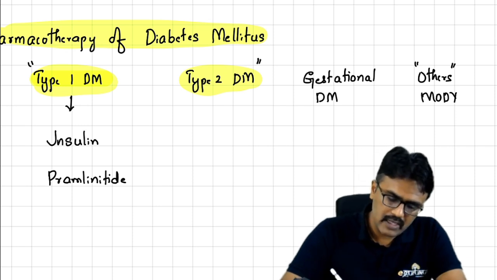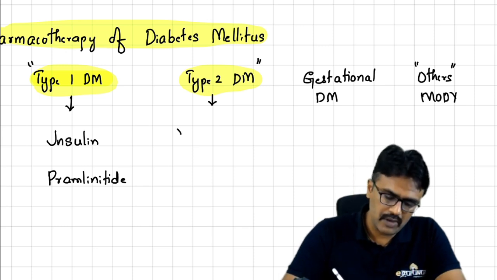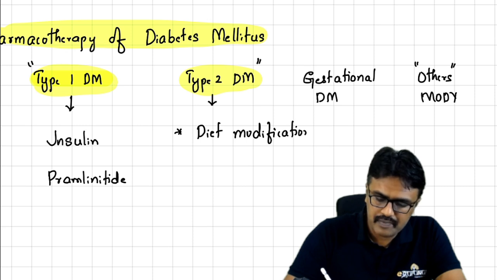But when you are managing a type 2 diabetic patient, they still have some insulin, and this insulin is not working properly. So first, we tell them to modify their diet to cut down carbohydrates.